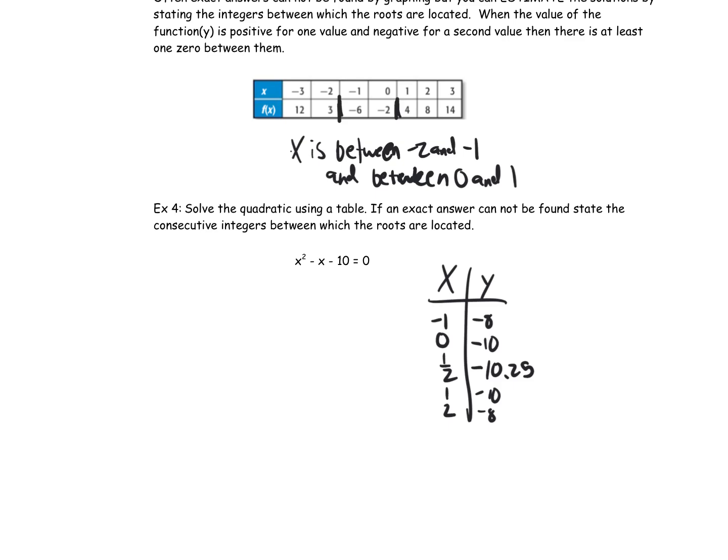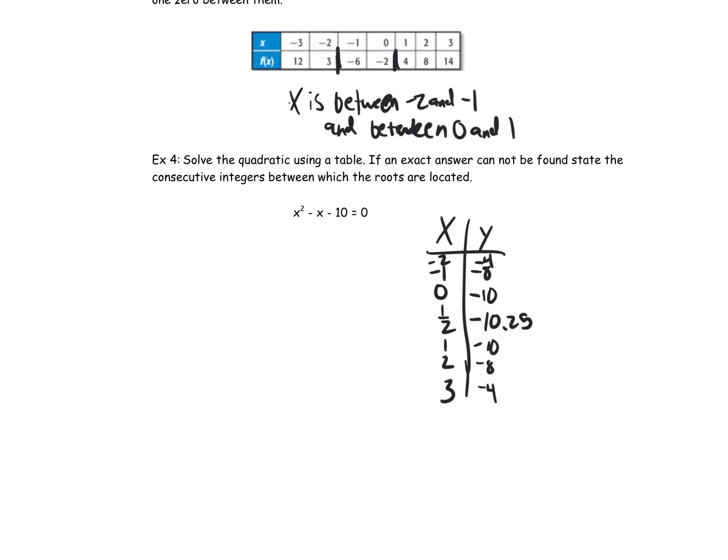Then let's see, if I go to negative 2 or 3, I'll do 3. 3 squared is 9. 9 minus 3 is 6, and 6 minus 10 is negative 4. So still haven't crossed over into positive land yet.